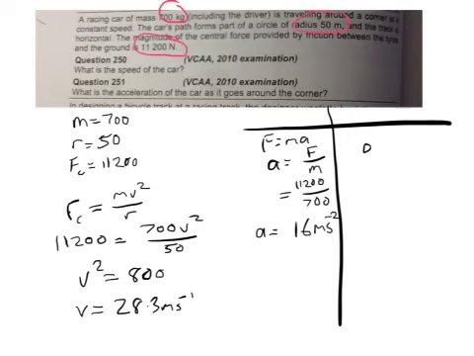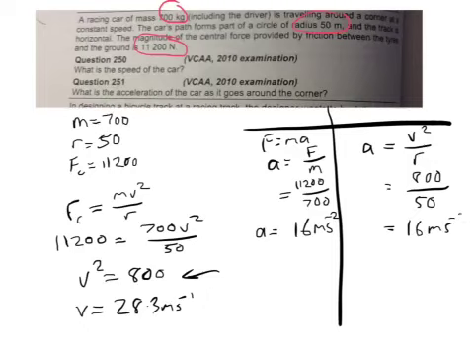Second way, we can use acceleration is equal to v squared over r, our centripetal acceleration formula. Before we got v squared is equal to 800, so we have 800 divided by the radius of our track, which is 50, which again gives us 16 meters per second squared.